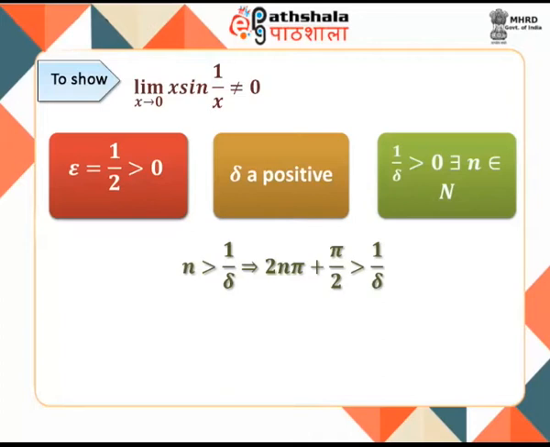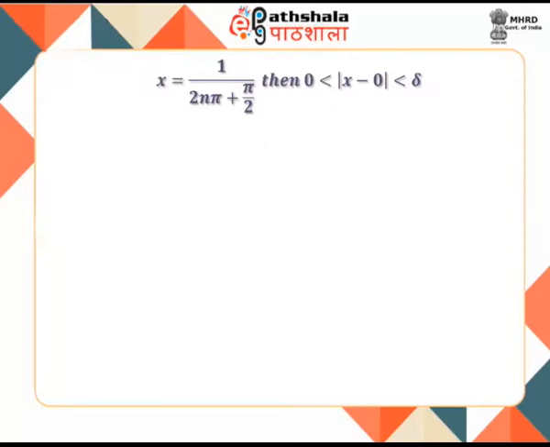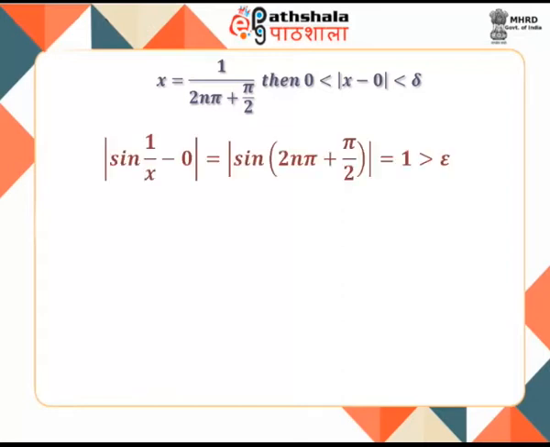This implies 2n pi plus pi by 2 is greater than 1 by delta, or 1 by 2n pi plus pi by 2 is less than delta. Let x be equal to 1 by 2n pi plus pi by 2, then 0 is less than modulus x minus 0 less than delta. Now modulus of sine 1 by x minus 0 is equal to modulus of sine of 2n pi plus pi by 2, which is equal to 1, which is greater than epsilon.